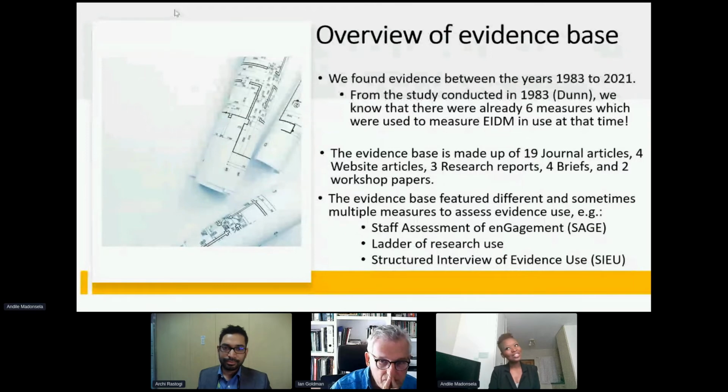And it is quite interesting that scholars even back then were concerned with the idea of measuring evidence-informed decision-making. We have 4 publication types, but most of the evidence base is made up of journal articles, and the evidence base has different measures, such as SAGE, letter of research use, SAIL, and many others, which I will show when I move to Prezi soon.